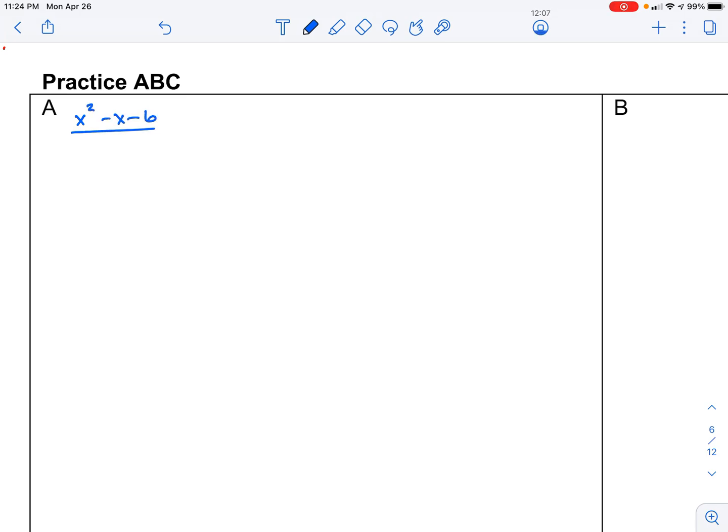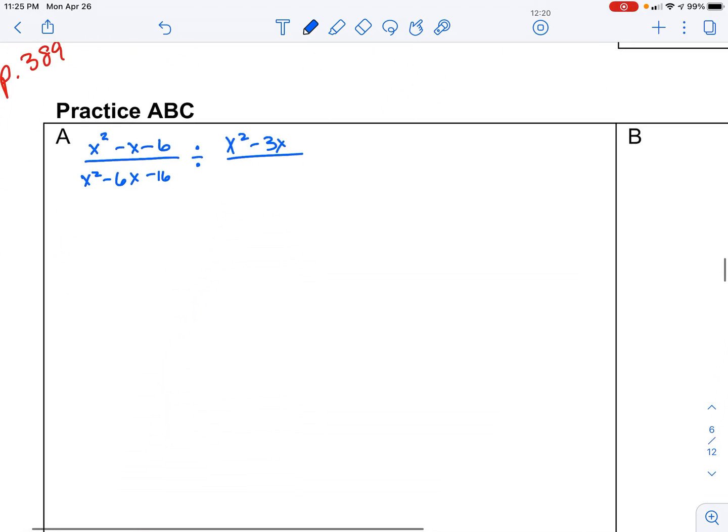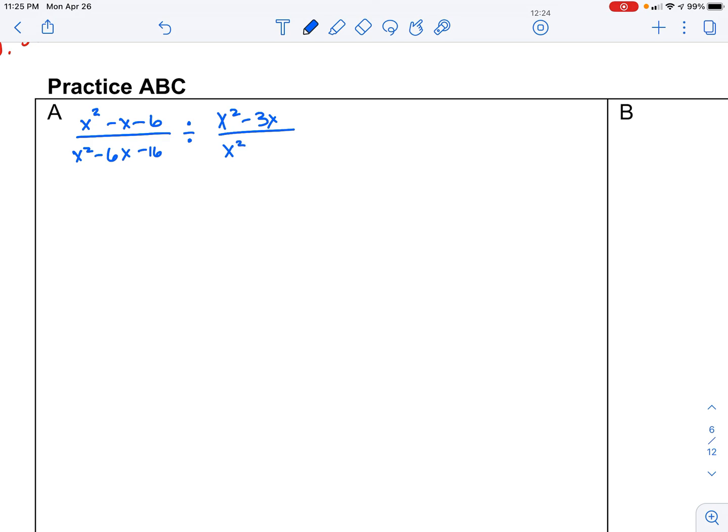X squared minus x minus 6, x squared minus 6x minus 16 divided by x squared minus 3x over x squared minus 3x minus 40.